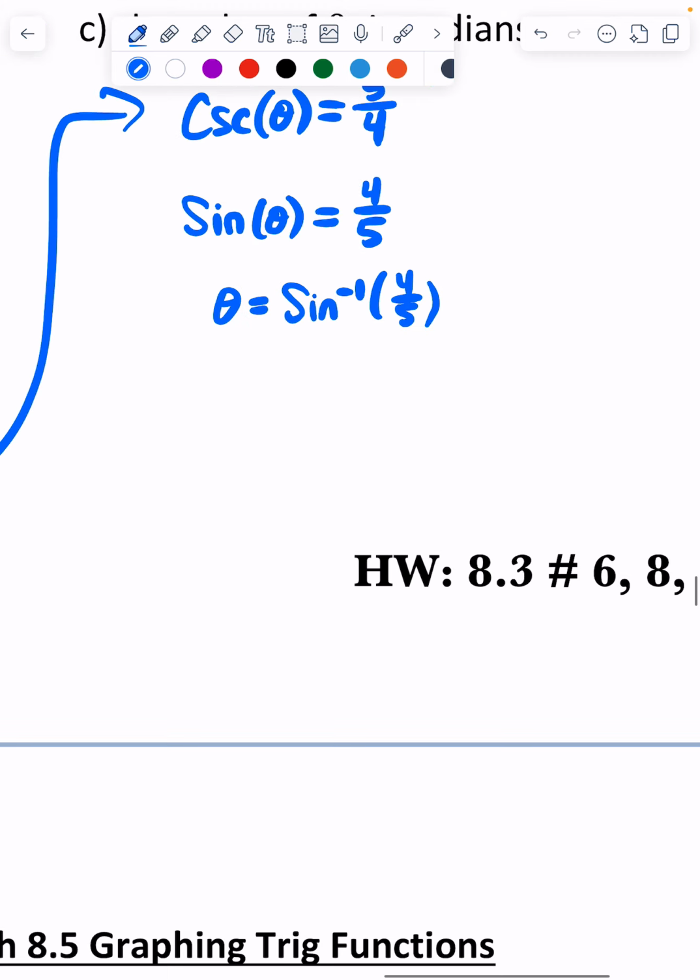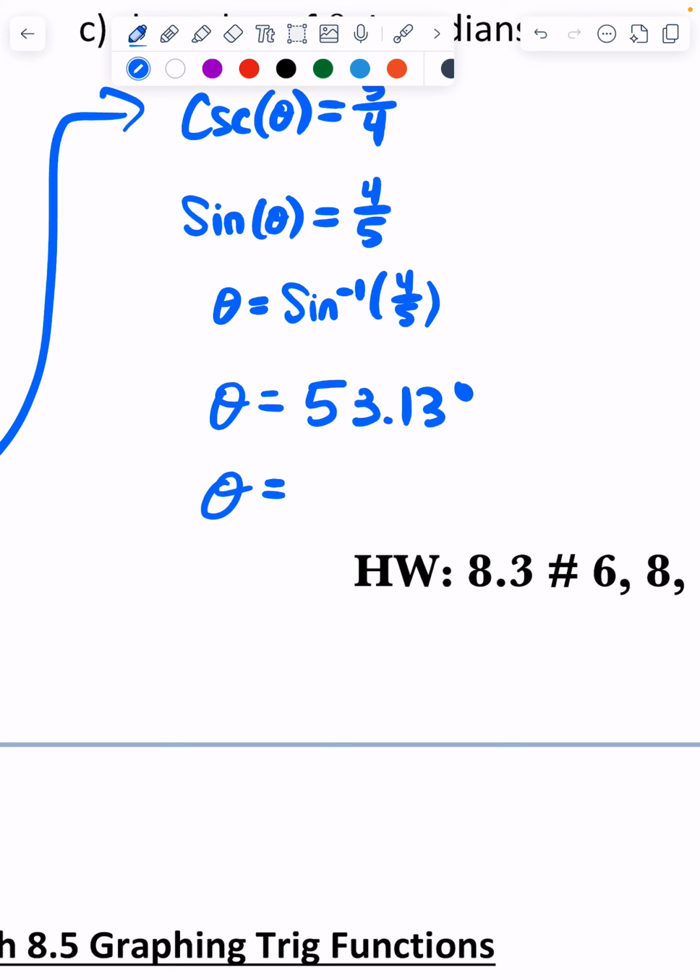And if you put that into a calculator, let's just do this really quick. Inverse sine of 4/5 gives us 53.13 degrees. That's a wonderful answer for the angle in degrees. We should also put this in radians.